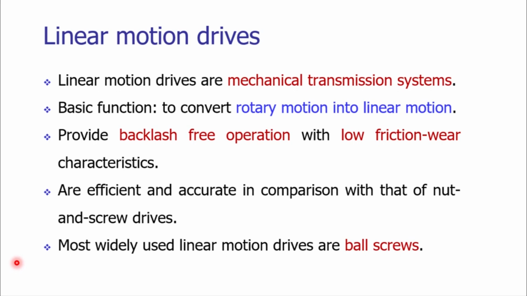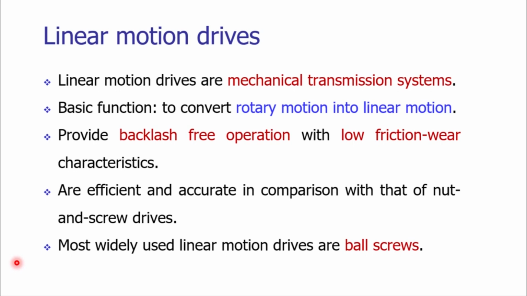Well, in the context of automation in manufacturing, we are focusing on the precision linear motion drive, which will have very little backlash and which provides very low friction and wear characteristics.